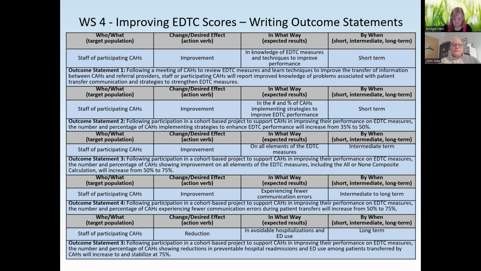So, for example, the staff at participating CAHs: you're looking at the number and percent of CAH staff that are implementing strategies to improve EDTC performance. This is something that they will have to report to you. You're looking at improvement for the next stage on all measures of the EDTC process.